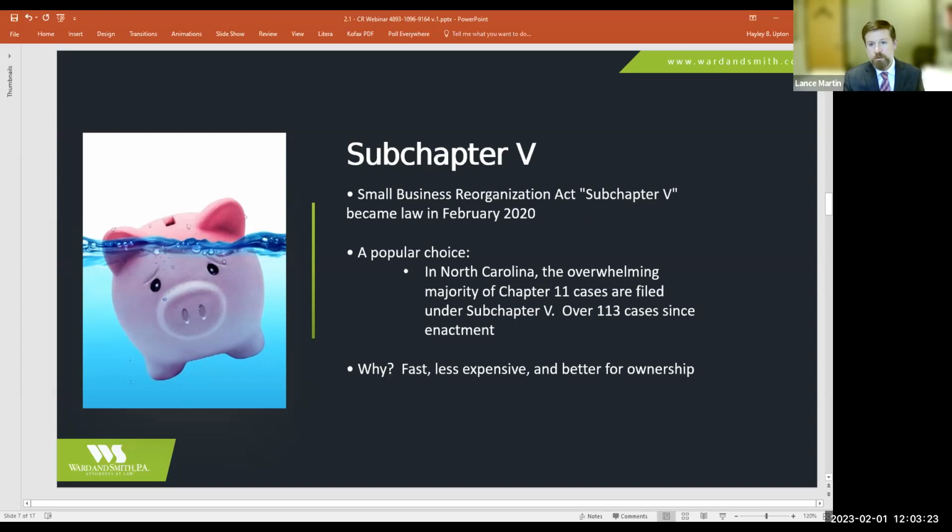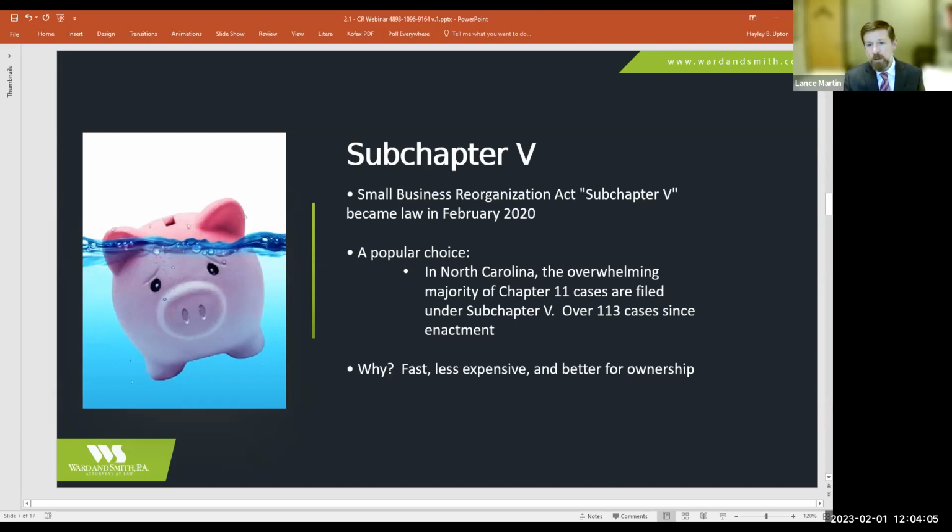The core provisions were to give the debtor more leverage to negotiate and confirm a reorganization plan, give them a greater ability to retain control over their business, and reduce the procedural hurdles, the burden, and the costs that come with a traditional Chapter 11 that's more suited to a larger business than a small operation.